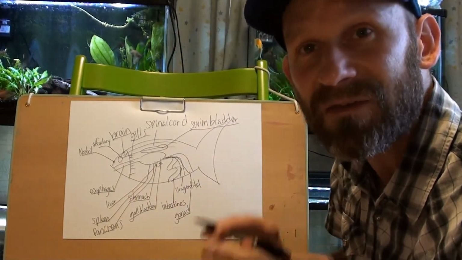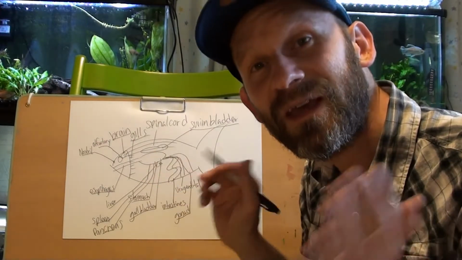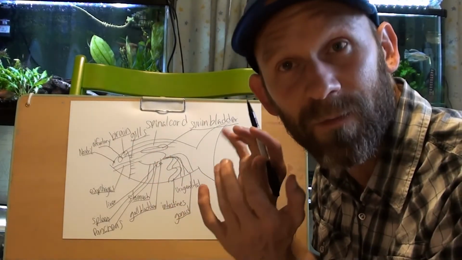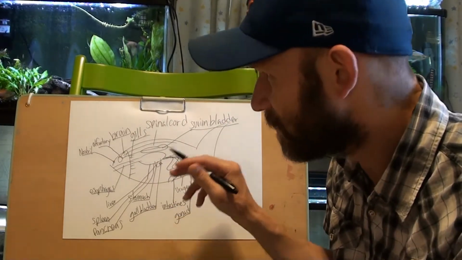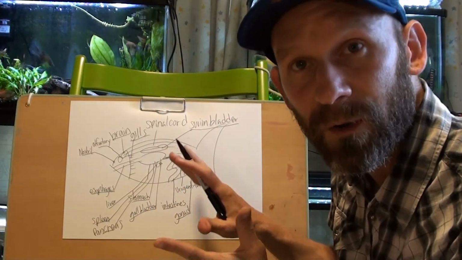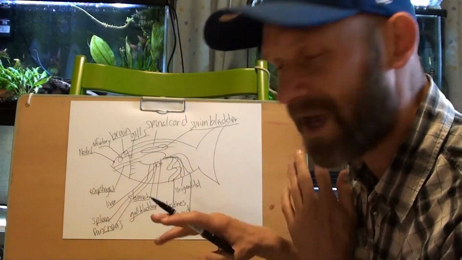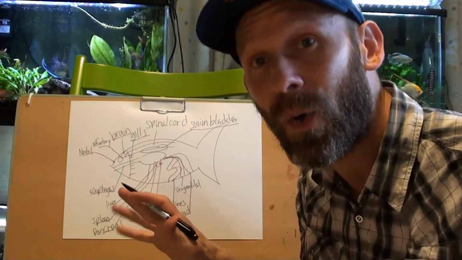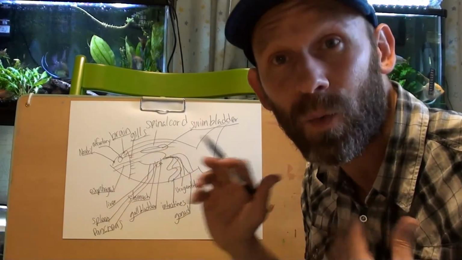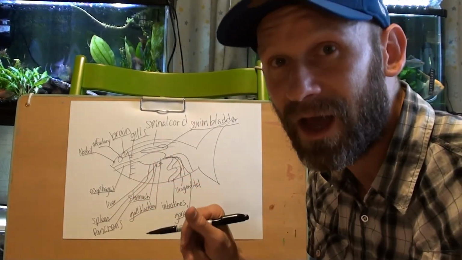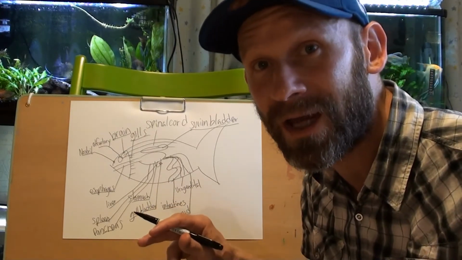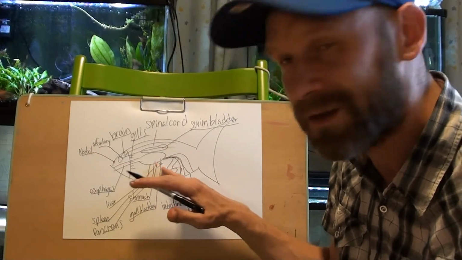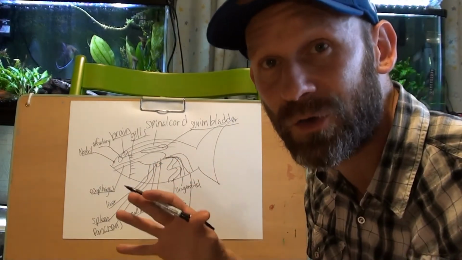So those are the basic internal parts of a fish. There are other internal parts of a fish. You can talk about many things, but I'm not going to get into everything. Honestly, I don't know every single part and how it works. That's quite complicated, and it would probably be a long video and really boring to learn what the liver and the gallbladder exactly do in the fish.